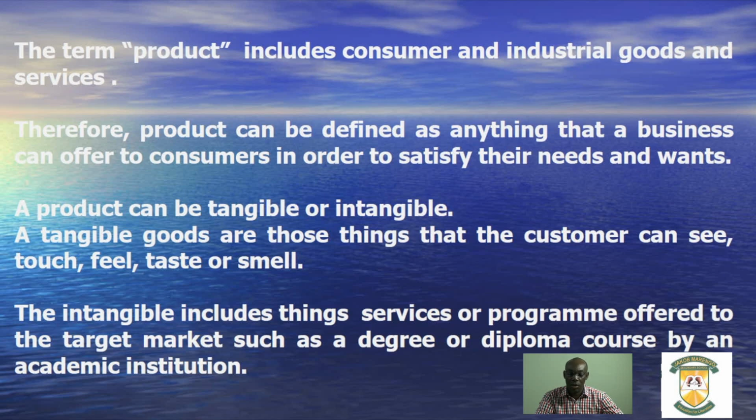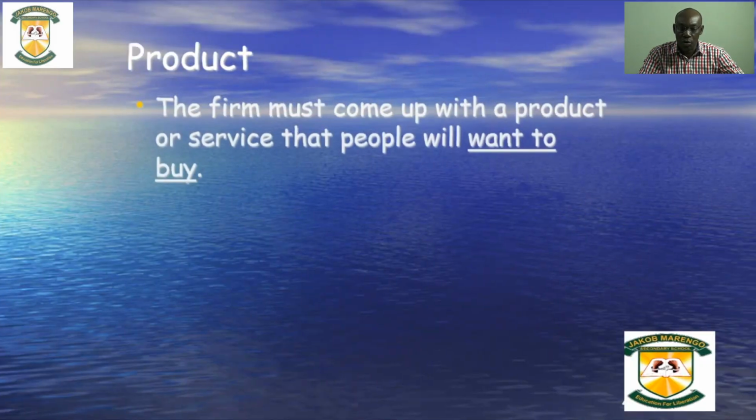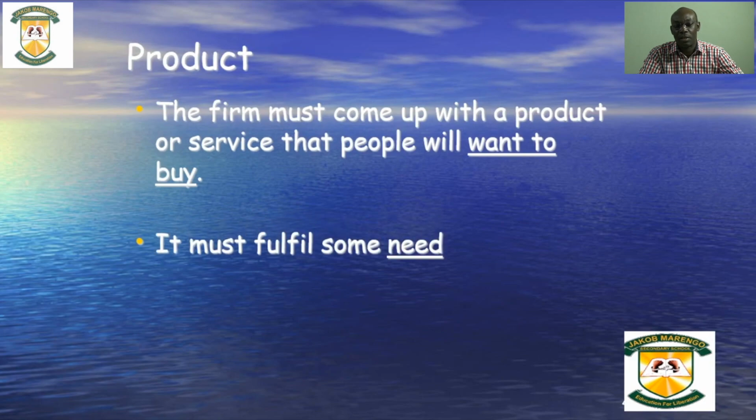Be very careful when you give that definition in the examination of what a product is. In your textbook, it is strictly written: the term product includes consumer and industrial goods and services that are offered to a consumer in order to satisfy the needs and wants of a consumer.